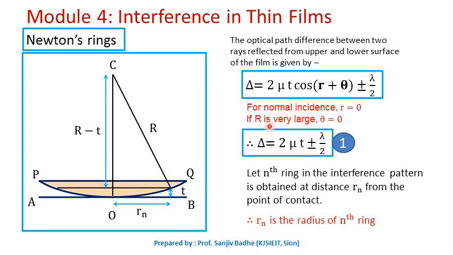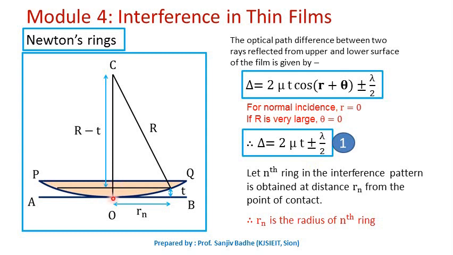So if the radius of curvature is very large, only then will a thin film be formed between the convex surface and the plane surface. And if the radius of curvature of the convex surface is very large, then theta will be very close to 0. And therefore we can write this optical path difference between the two rays reflected from the upper and lower surface of the film as 2 mu t plus or minus lambda by 2. Let us call this equation number 1.